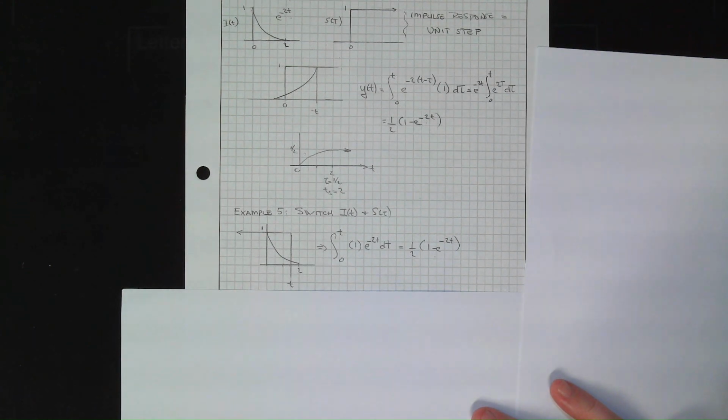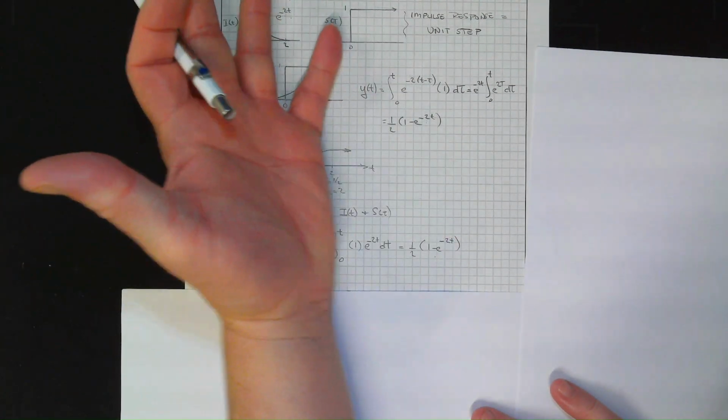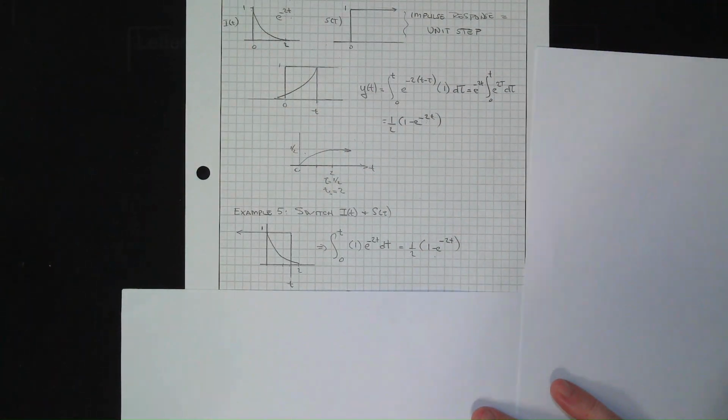Guess what? This is always true. It turns out you can flip and slide the impulse response, or you can flip and slide the input, if something is mathematically easier to deal with. Doesn't matter which one you do. However, the idea of flipping the input and sliding it is actually how in the physical world things actually respond.